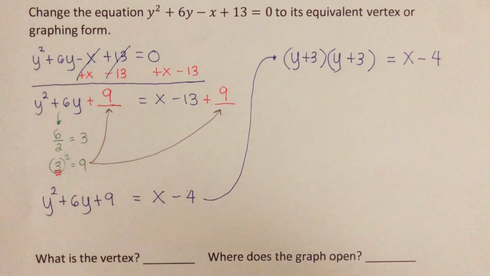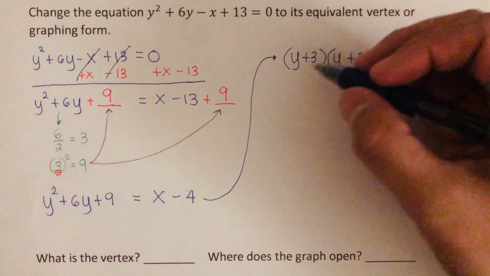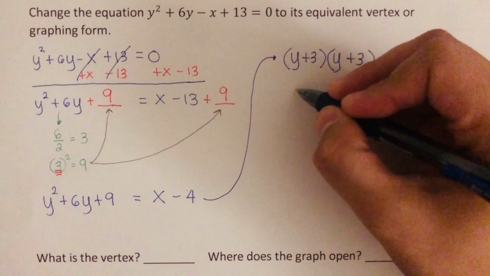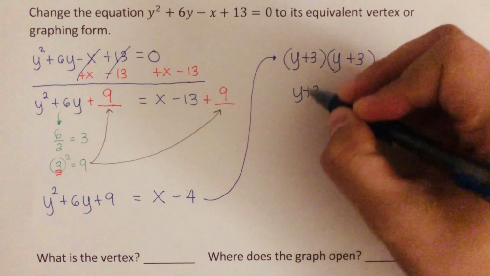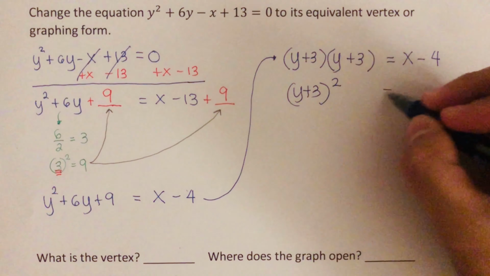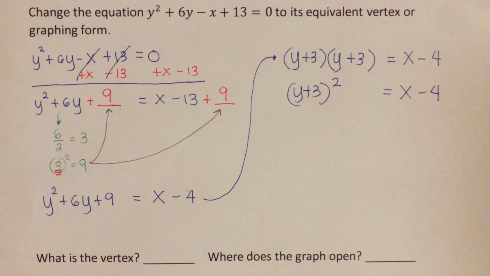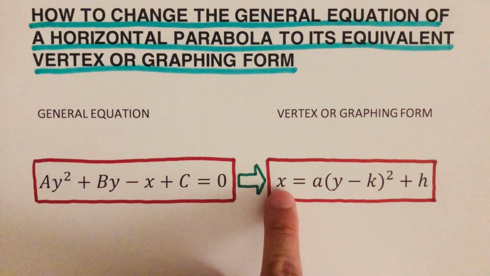So then we can go ahead and simplify this some more since these two are the same. We can rewrite this as y plus 3, squared. That means there are 2 of them, is equal to x minus 4. And so we can go ahead and add 4 to both sides because remember that in a sleeping parabola, one side should only be x.